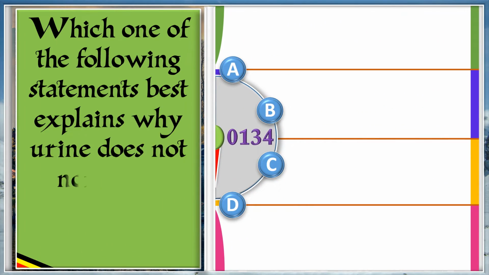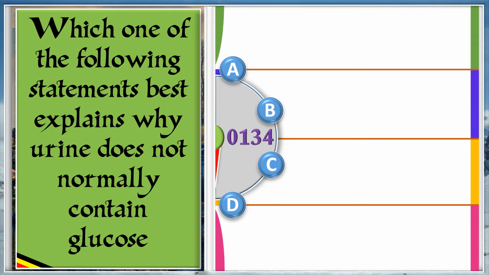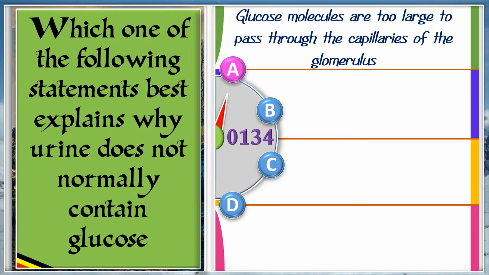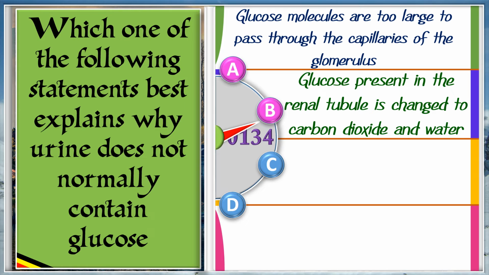Which one of the following statements best explains why urine does not normally contain glucose? A. Glucose molecules are too large to pass through the capillaries of the glomerulus. B. Glucose present in renal tubules is changed to carbon dioxide and water.